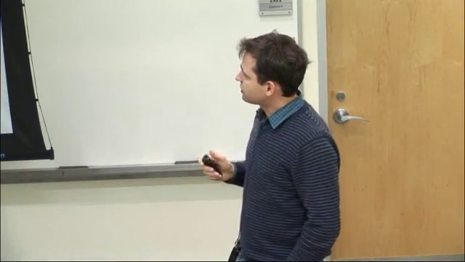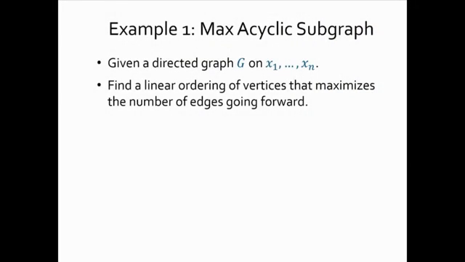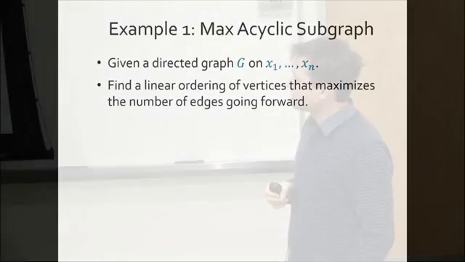And let me just show you two very well-known examples of ordering CSPs. The first example is the maximum acyclic subgraph problem. In this problem, we are given a directed graph G on a set of vertices x1, etc., xn. And our goal is to find a linear ordering of the vertices that maximizes the number of forward-going edges.